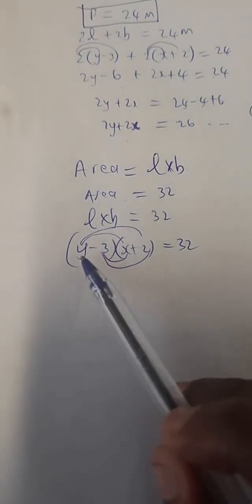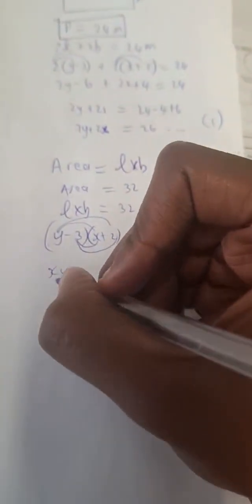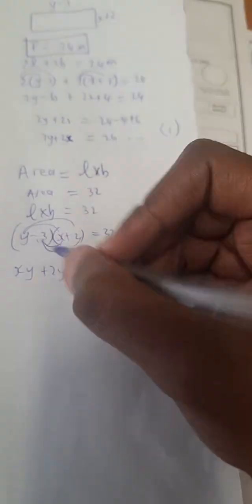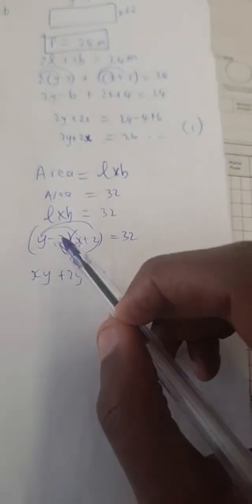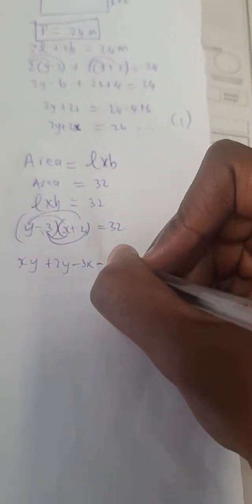Then what do I do? I distribute the first term into the two brackets. Y times x is xy. Y times 2 is 2y. Negative 3 times x is negative 3x. And then negative 3 times positive 2. Negative times a positive is a negative. 3 times 2 is 6.